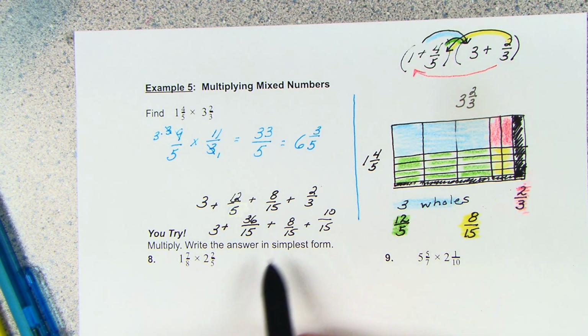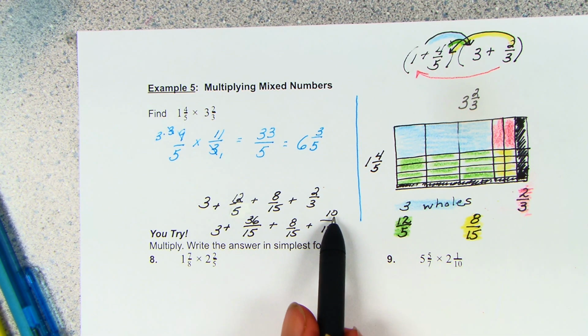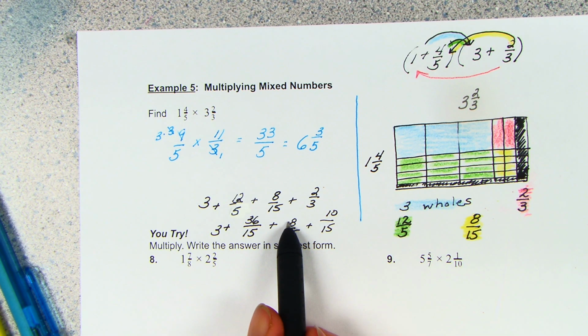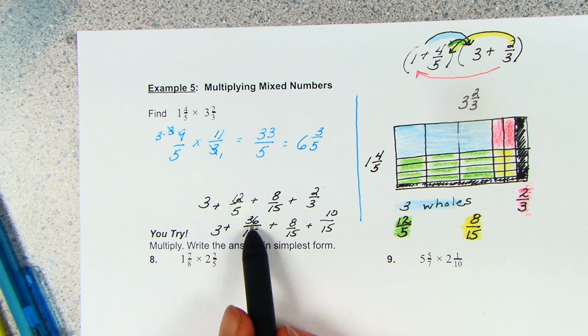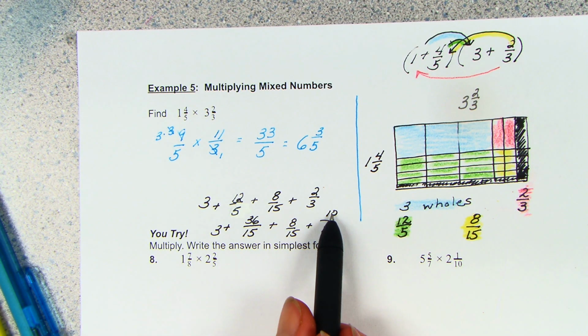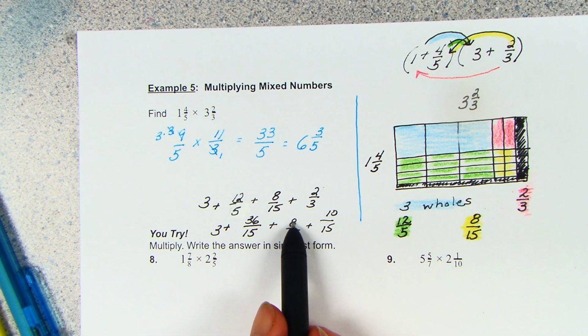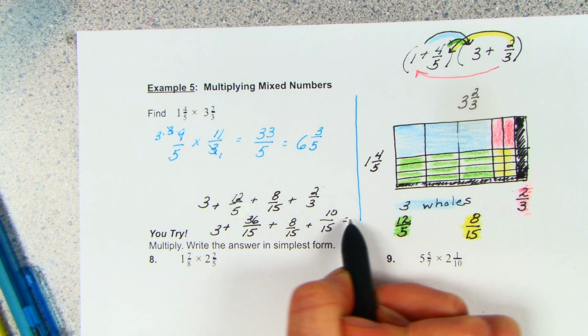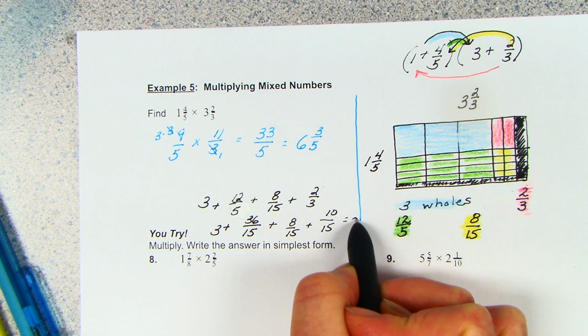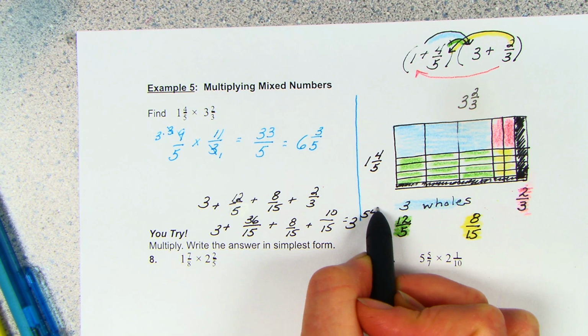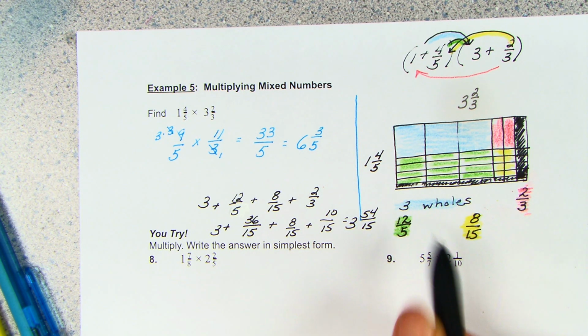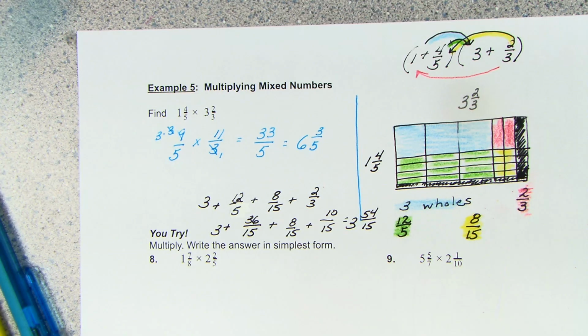All right, let's add up. 36, 46, 54. Is that right? 36, 46, 54 fifteenths. So we've got 3 and 54 fifteenths. How many times does 15 go into 54?